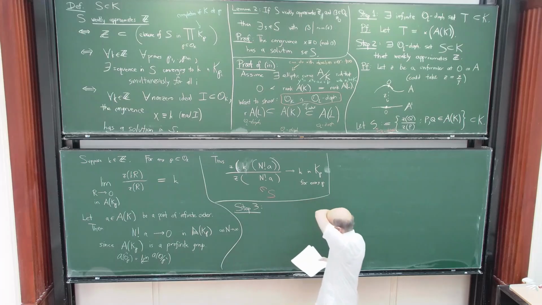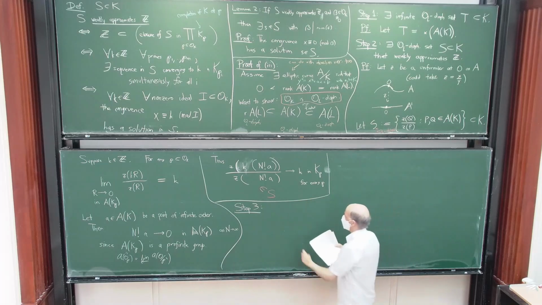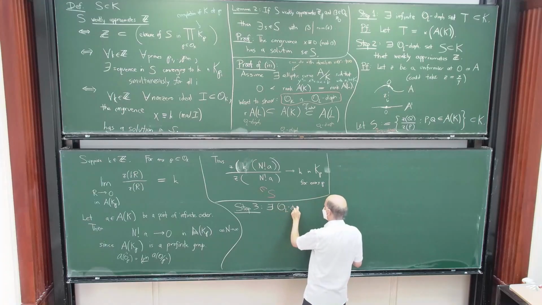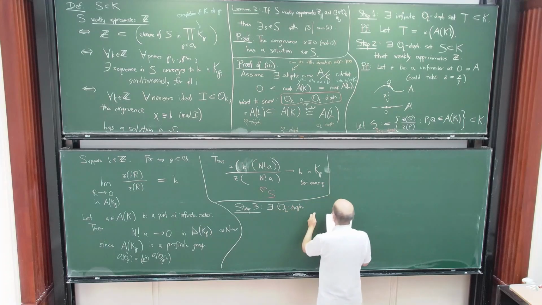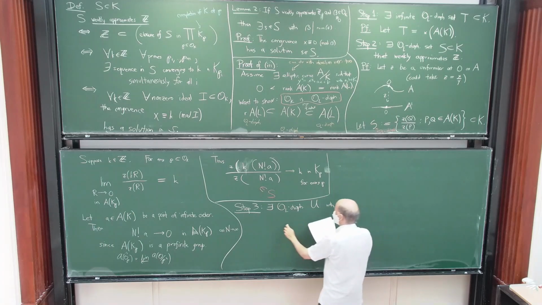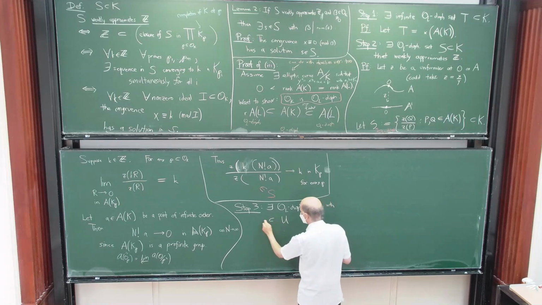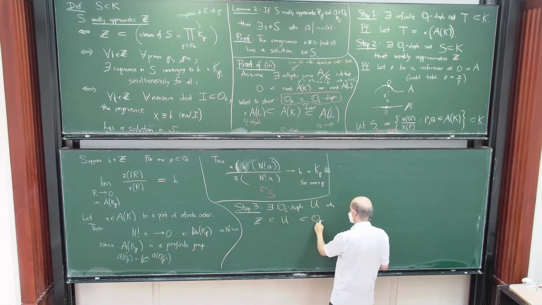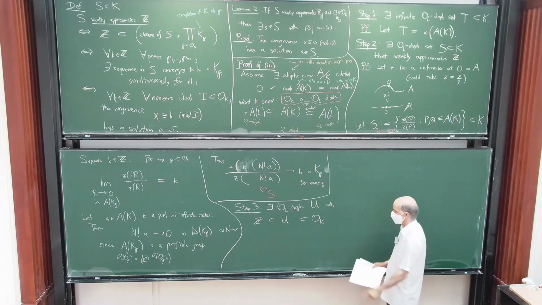Once I have that, the next step is to find a Diophantine set U that's big enough. It contains the integers, but it's contained in the ring of integers of the smaller ring.